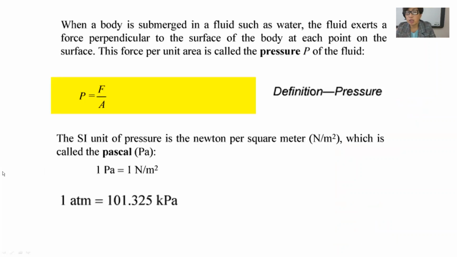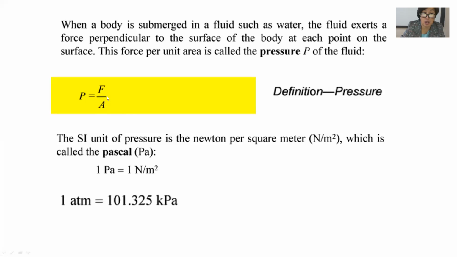Okay, when a body is submerged in a fluid, the fluid exerts a force perpendicular to the surface of the body at each point on the surface. This force per unit area, where A denotes area, is called pressure.